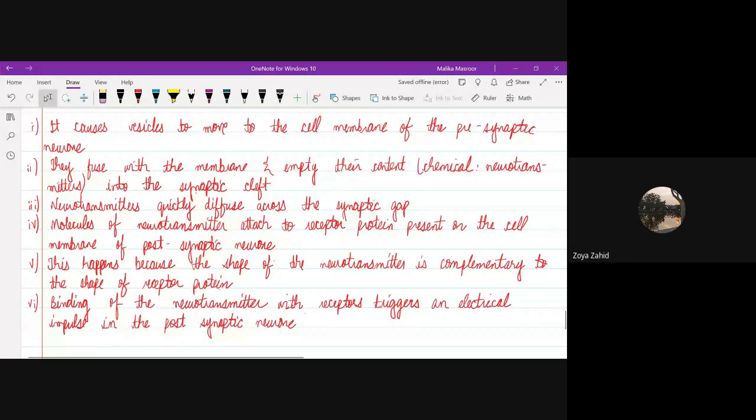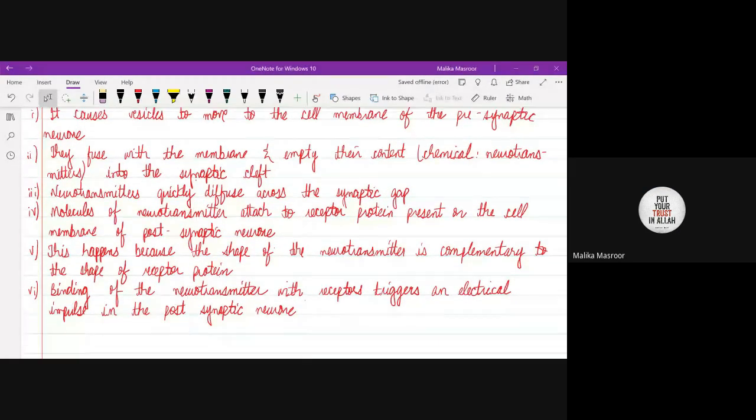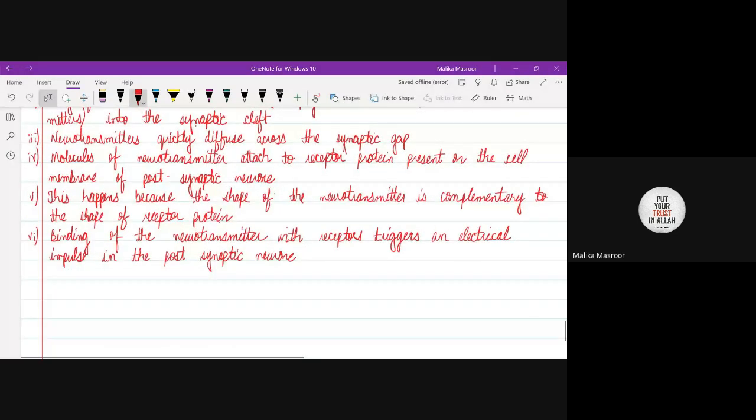Now, the last thing that I want to add is what happens to neurotransmitters after they have done their job. After transmitting the impulse, what happens to neurotransmitters?